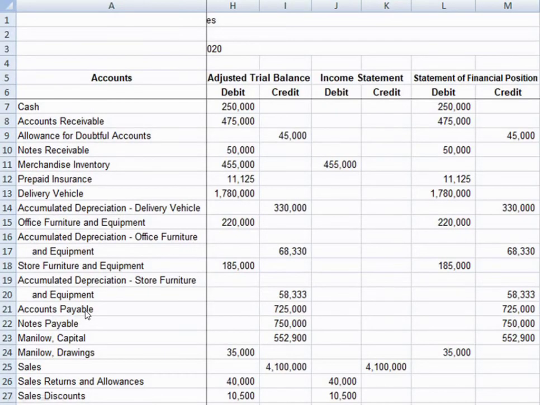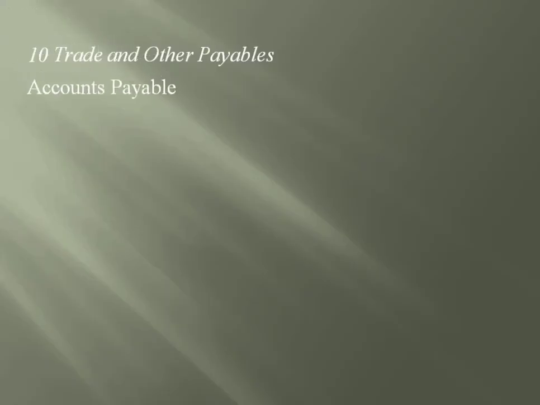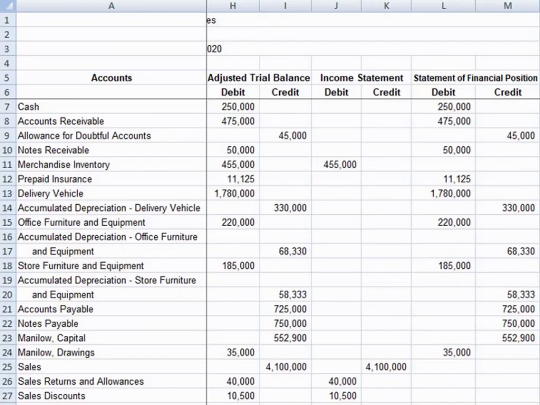Back to the worksheet. Next in line is accounts payable, followed by notes payable, both of which should form part of trade and other payables. Any other account or accounts to be categorized as trade and other payables?